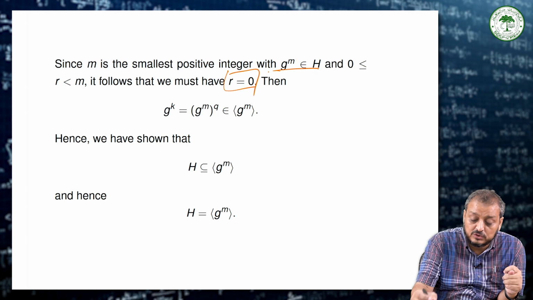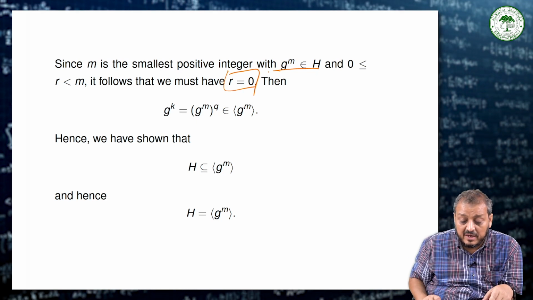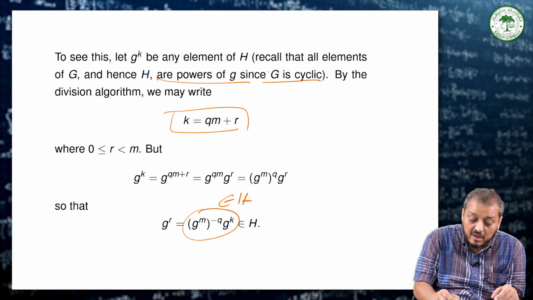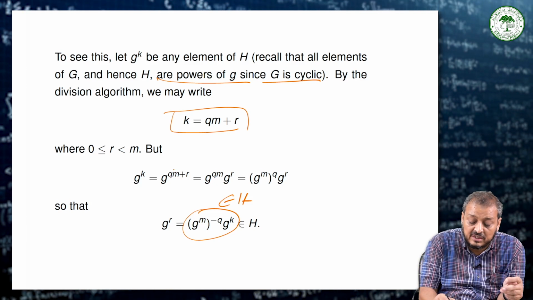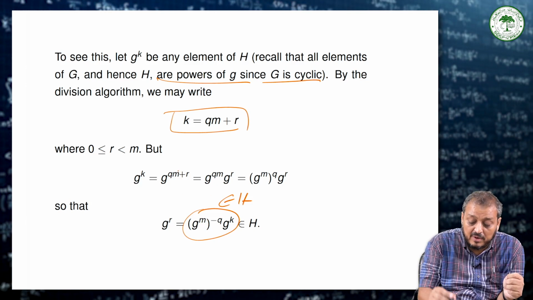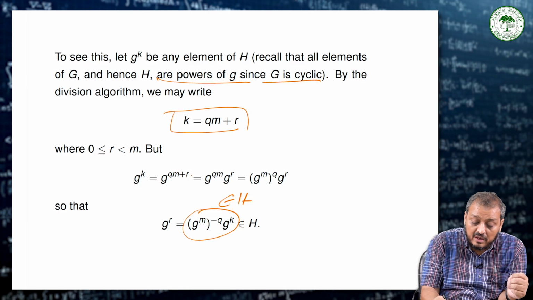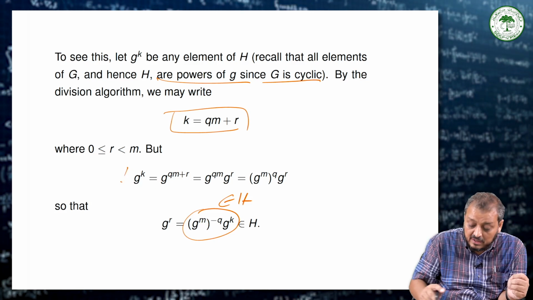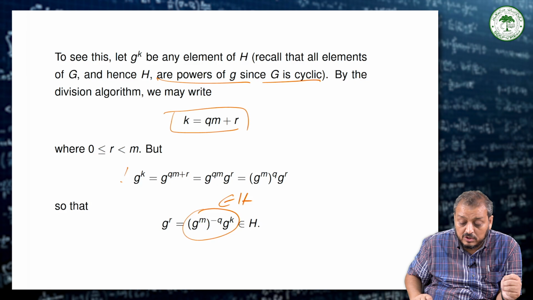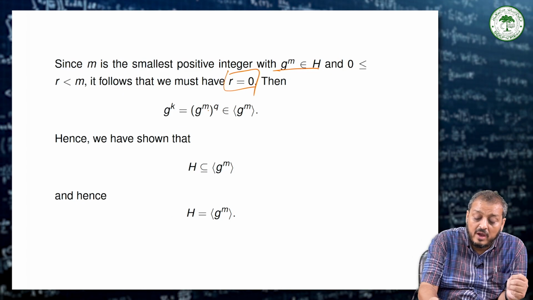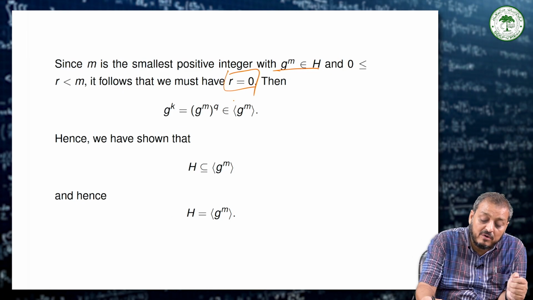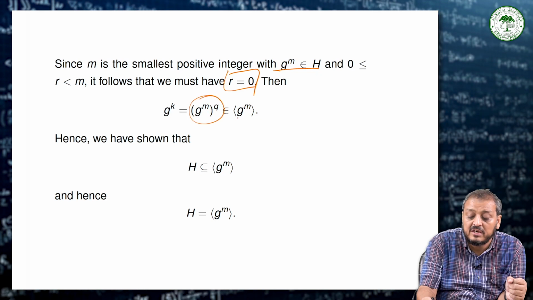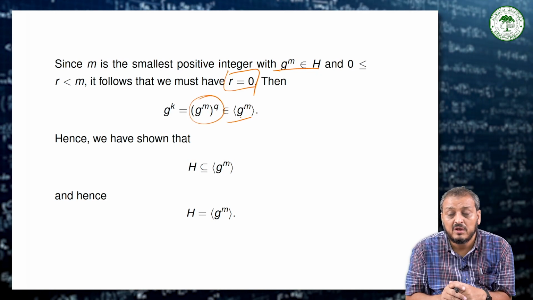If r is equal to 0, then g to the power k can be written in the form of g to the power m to the power q, which is clearly generated by g to the power m.